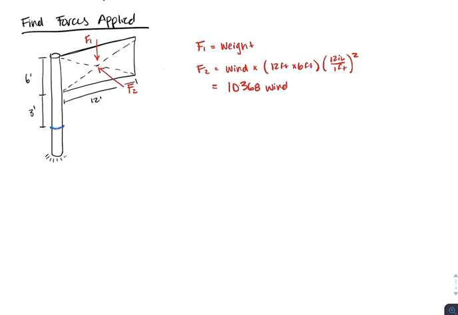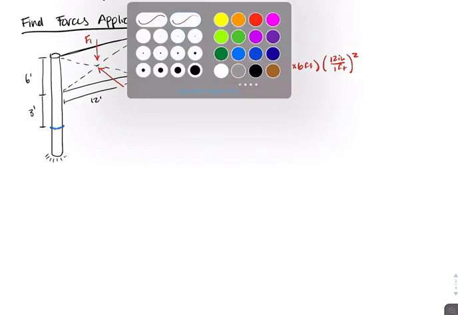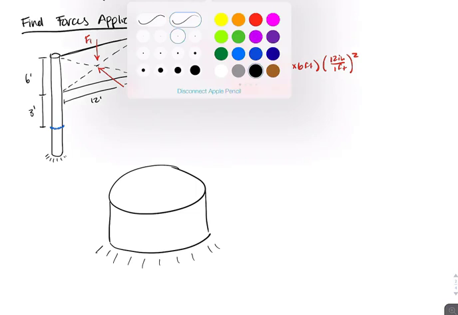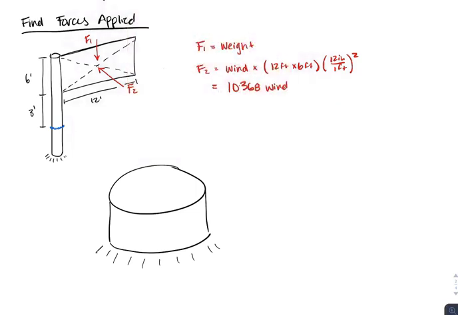So now we just need to redraw our section cut and then figure out what internal forces are going to be acting on that section cut. So our section, if we redraw it down here, is going to look a little bit like this. You can say this is our fixed end, and then our point A is going to be located right here.